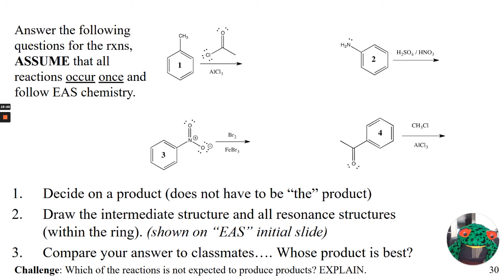So 2, 3, and 4, each of them should have the ortho, meta, and para drawn out for your substitution, and you should see what those results are and decide which one's more or less stable. Okay? There's 4 things here, 4 reactions, and that was done kind of intentionally because there's really only 3 substitutions. So once you do all of your substitutions, see if you can then find more patterns.